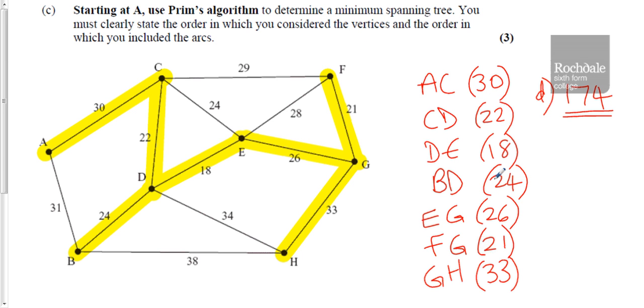So if I add these numbers up, I get 174. I would then check my answer to part A and add my edges up from part A. If that was also 174, that's a good sign that I've done both A and C correctly. If they weren't the same number, I need to go back and try and find what I did wrong in either A or C. That's the end of question 1, part C and D.